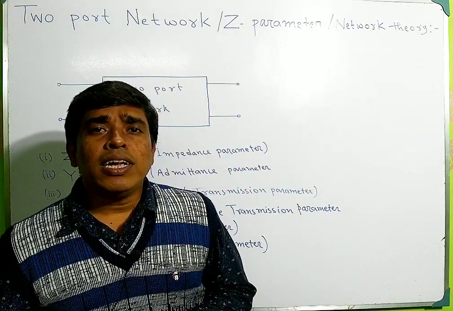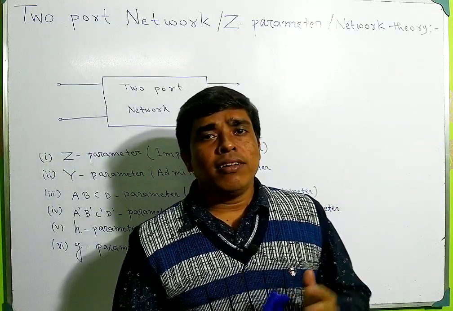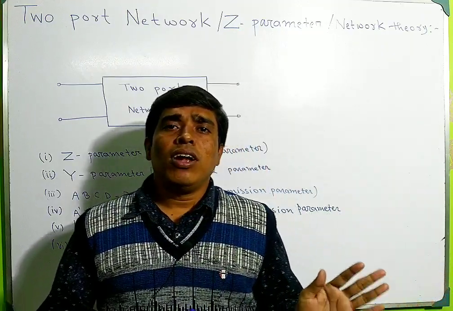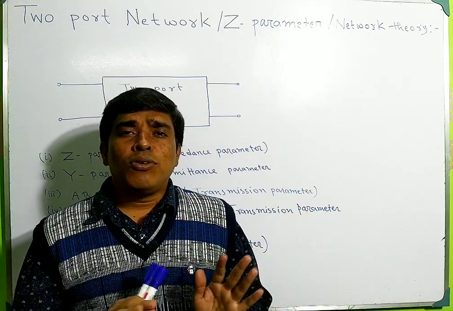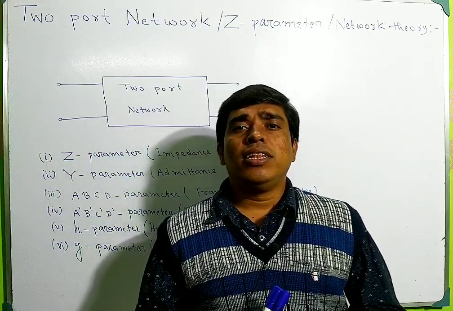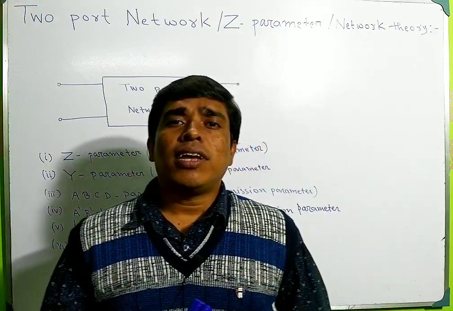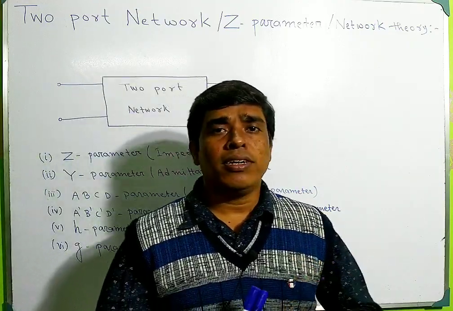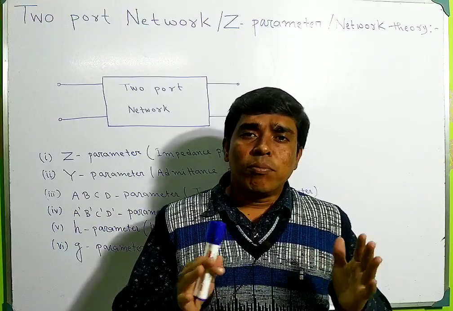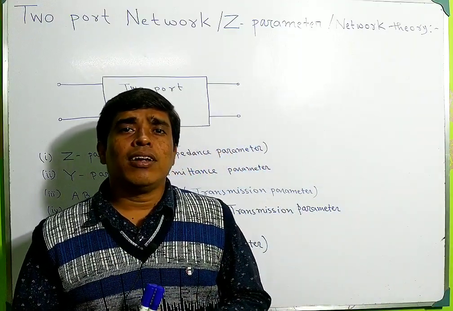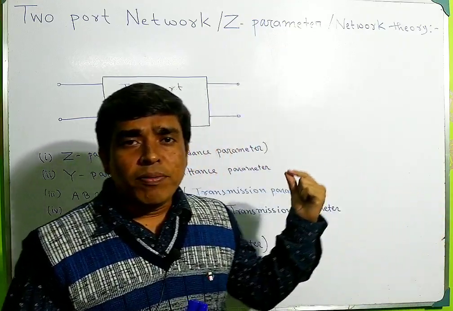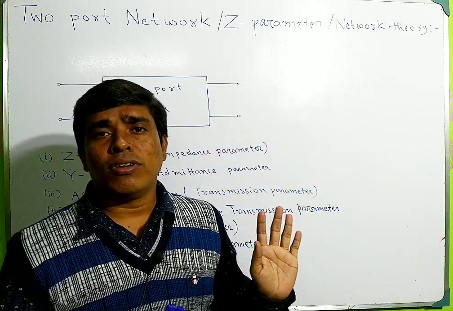Now, if I have a complex circuit, we don't need the internal circuit parameters like branch current, branch voltage, etc. But we need only the response for a specific input.